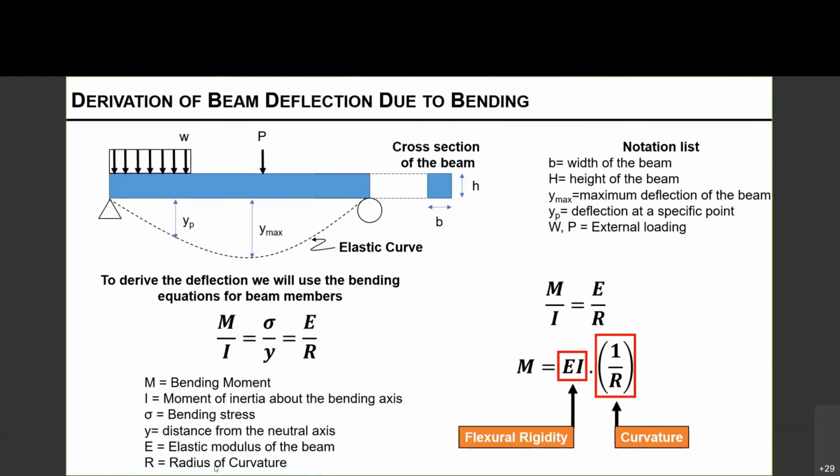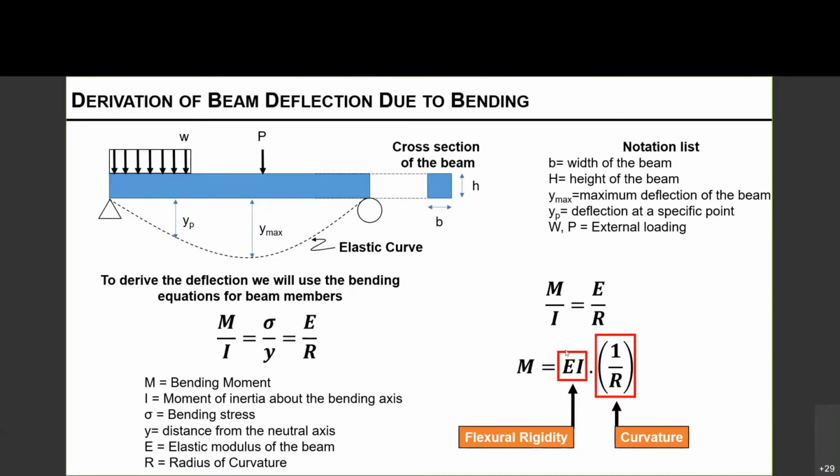And the radius of curvature is known as R here. So in deriving the deflection curve for a beam, we will be using the M over I equals E over R relationship. I'm just rearranging some of the terms here, so M equals EI times 1 over R.